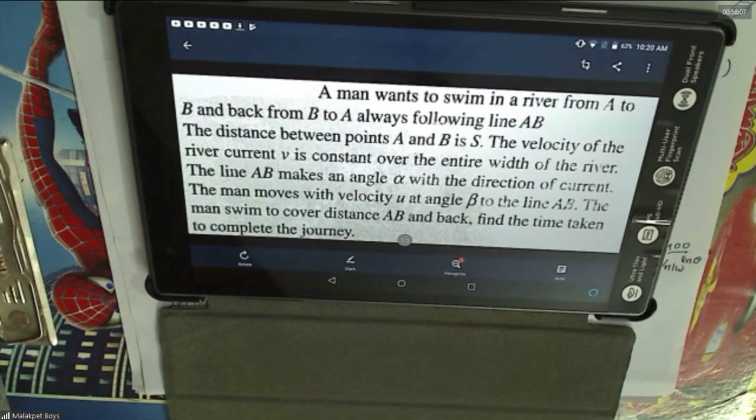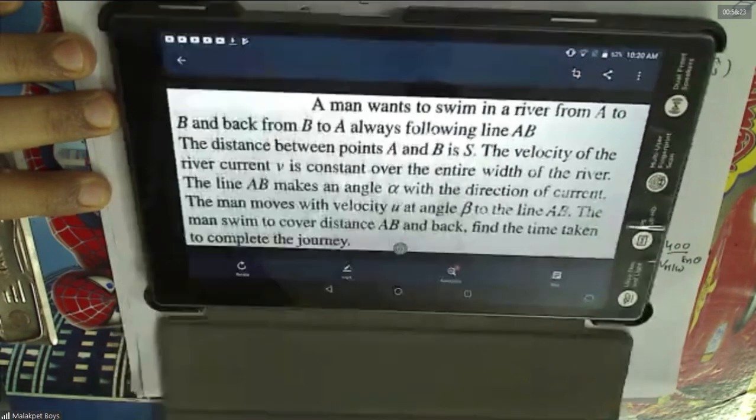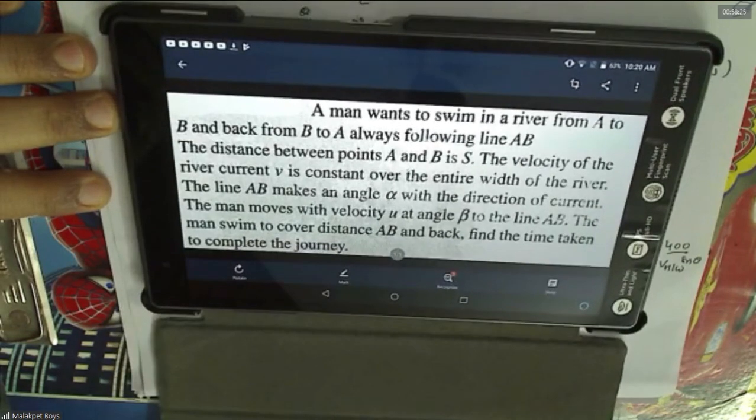Completed, sir. 1 minute. Shall I turn the page? Done, sir.